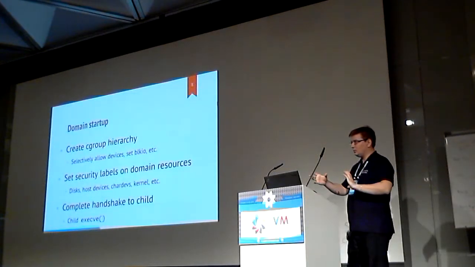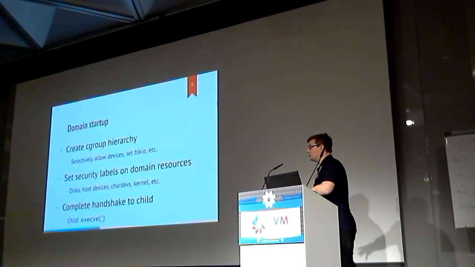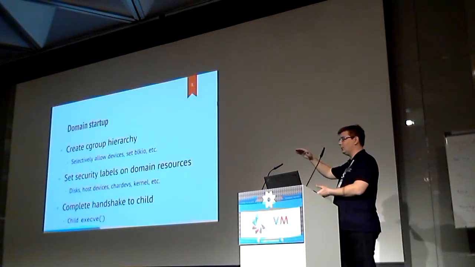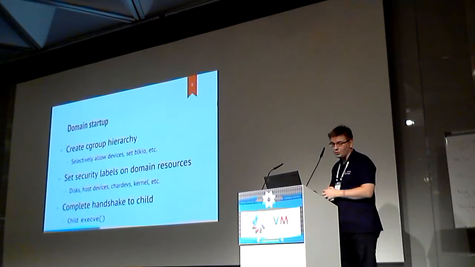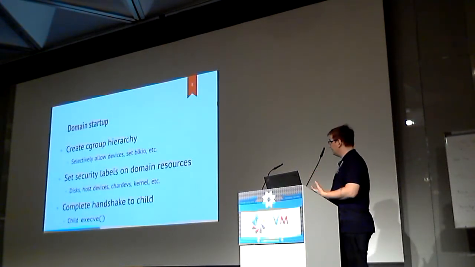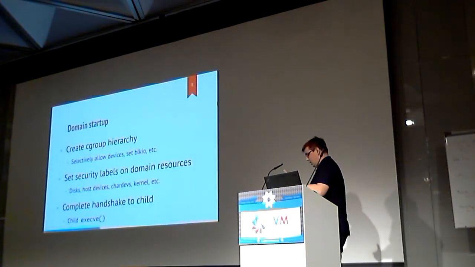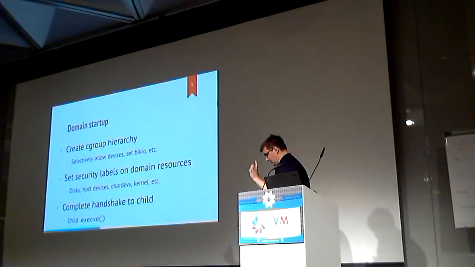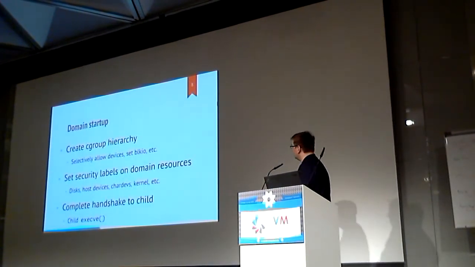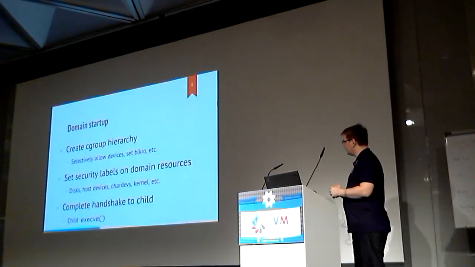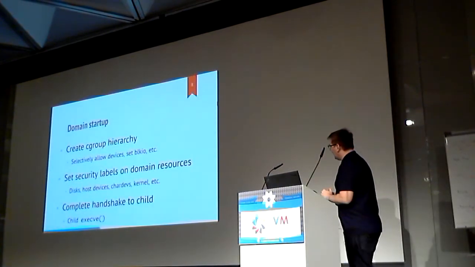Then we can use the memory CGroup to cap the maximal amount of memory available to QEMU, and many other CGroups. For instance, cpuset, so that the child will run only on a set of CPUs and stuff like that.